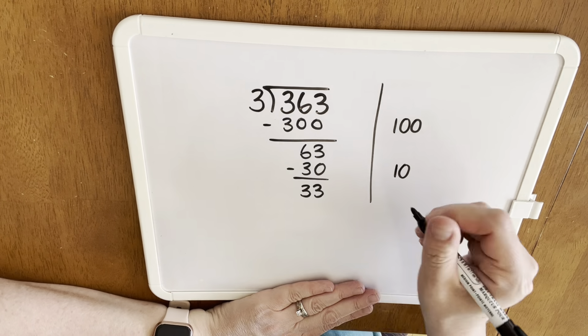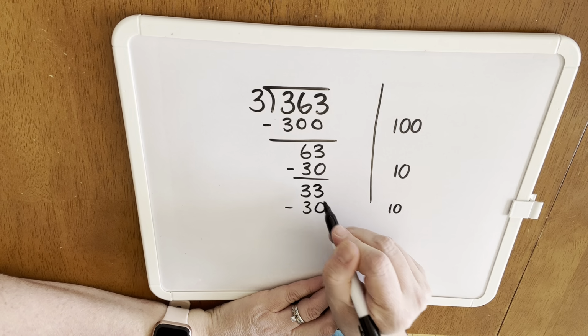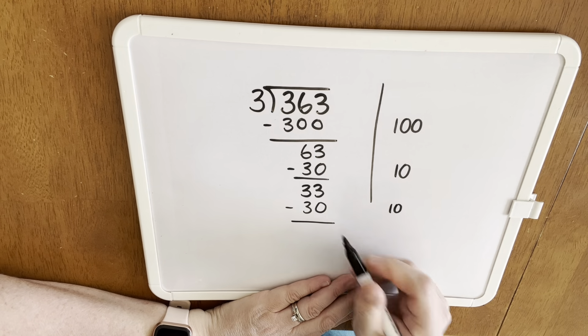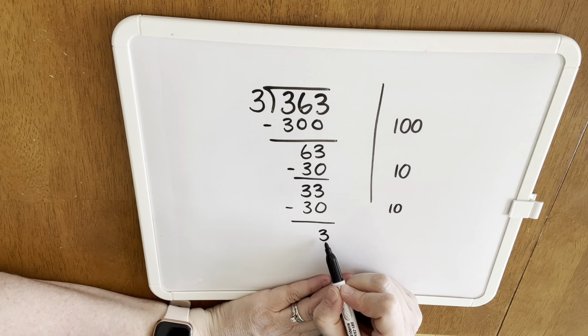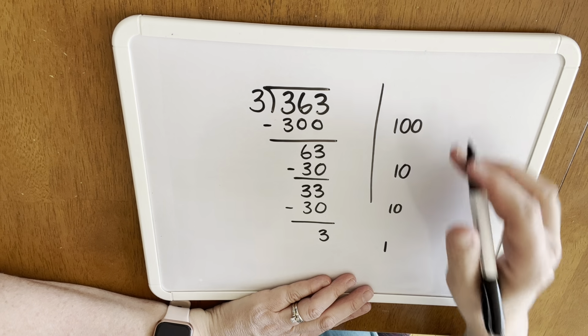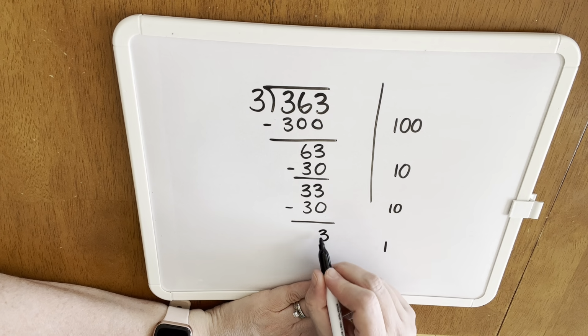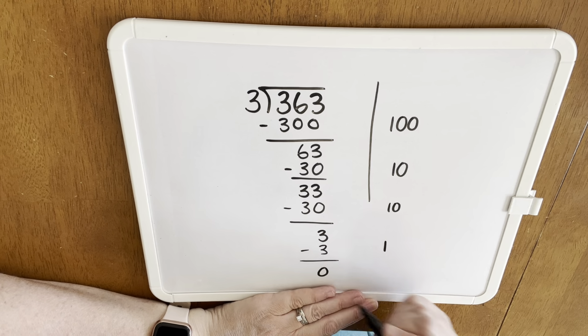So 10 times 3 is 30. So we're going to have 33 minus 30, and we're going to be left with 3. Now 3 can go into 3 one time. So I'm going to write my little number over here. 3 times 1 is 3, and that's going to give me 0.